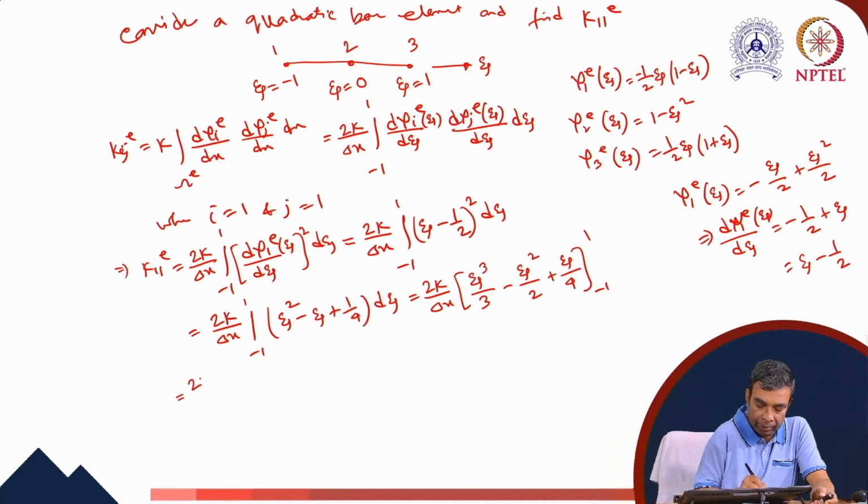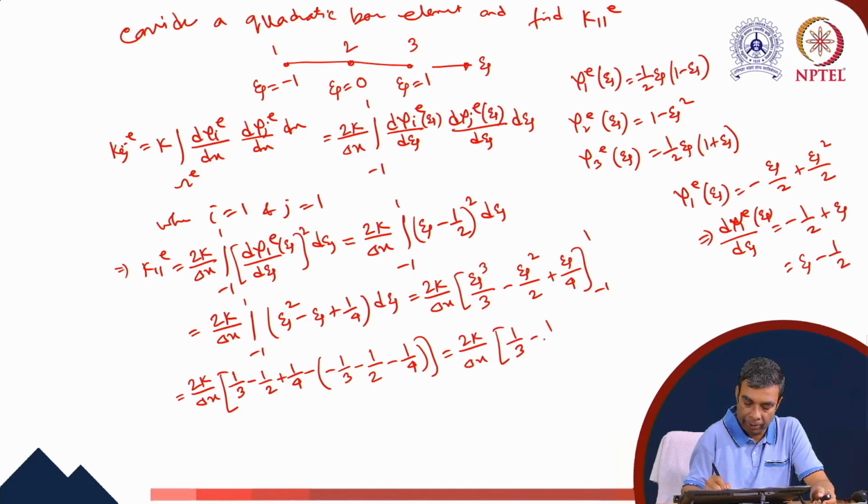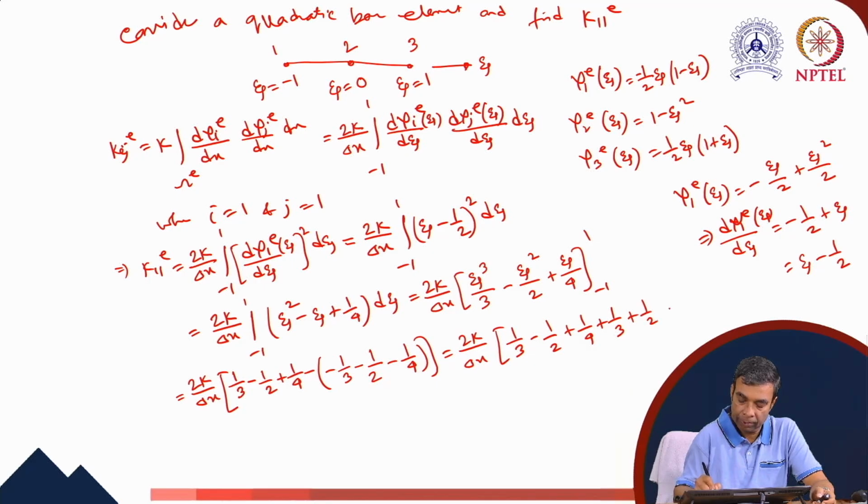This can be written as 2k by delta x into (1/3 minus half plus 1/4 minus (minus 1/3 minus half minus 1/4)), equals 2k by delta x (1/3 minus half plus 1/4 plus 1/3 plus half plus 1/4).